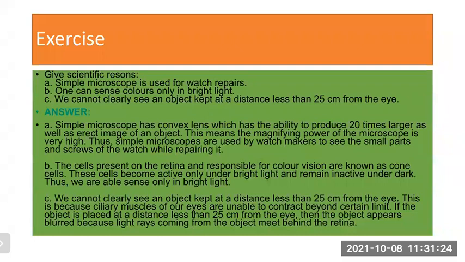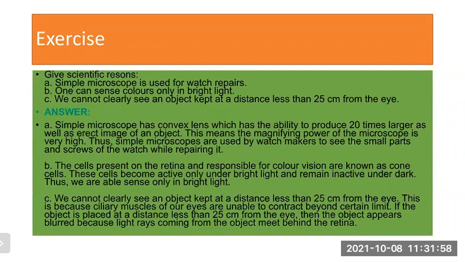Therefore, we cannot clearly see that object. It will appear blurred. You can also try this. Yesterday also, I told you, I have taught you about the minimum distance of distinct vision. Suppose you hold a book or a mobile very near to your eyes, will you be able to read the things properly? No, they will appear blurred.